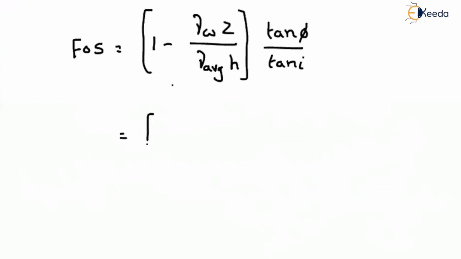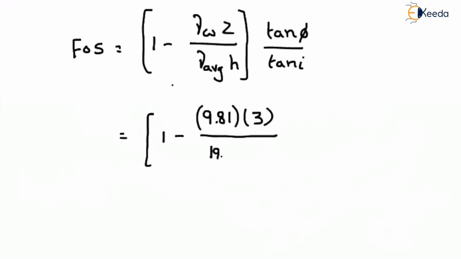So if you substitute the values: 1 minus the weight density of water, 9.81 kilonewton per meter cube, into the Z value we have found out, that will be nothing but 3. What is the average value we have found out? That will be 19.89. What about the H value? 5, right?